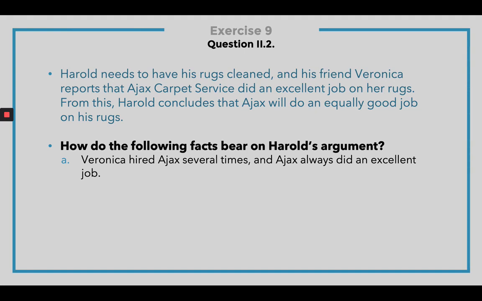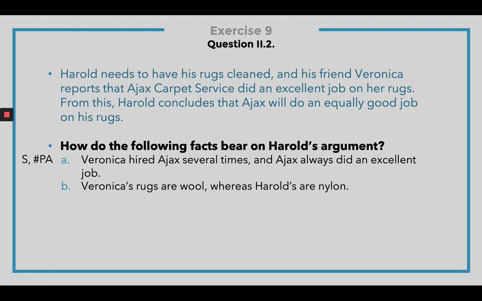He's concluding that Ajax is going to do a good job on his rugs, and if they've done an excellent job every time, then we can be pretty confident of that. So I've said S over here on the left because that makes it stronger, and the reason it makes it stronger is because it increases the number of primary analogs.